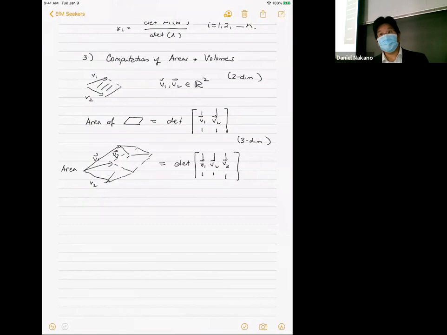So the determinant actually has a geometric interpretation. In 2 dimensions and 3 dimensions, it's basically the geometric object obtained by looking at the 3 vectors or the 2 vectors, depending on what situation you're in, and computing either the area or the volume generated by these vectors. Okay, any questions on this?